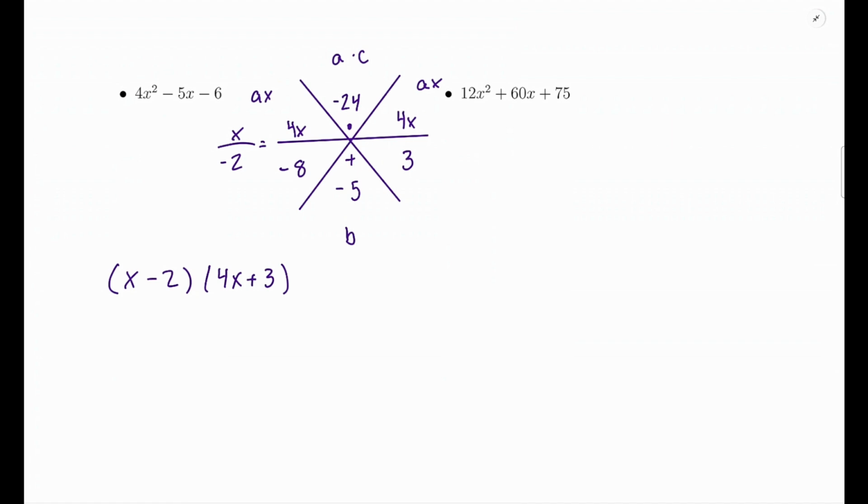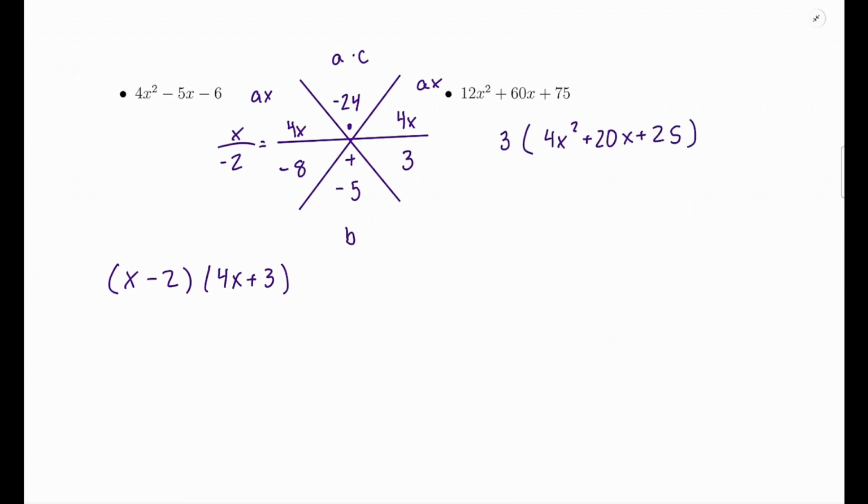Okay, the last example, 12x squared plus 60x plus 75. The first term is positive, check, but 12, 60, and 75 have a GCF of 3. So I'm going to factor out the 3 first. We get 4x squared plus 20x plus 25.